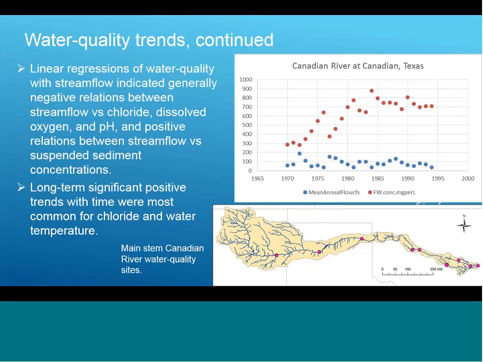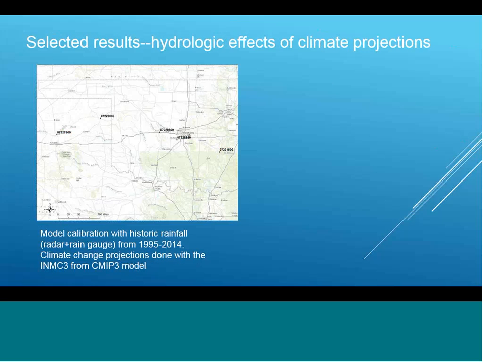So it in large part does follow in a negative correlation sense with the stream flow at that site. And the long-term positive trends with time were most common for chloride and water temperature at these sites. And in terms of negative correlations, there tended to be decreases in stream flow.